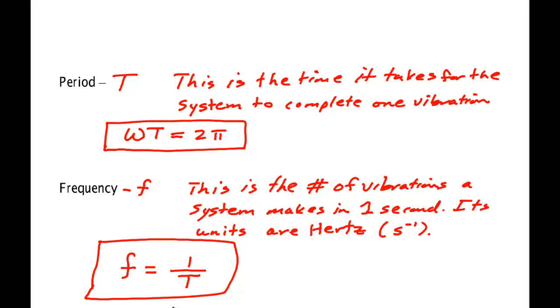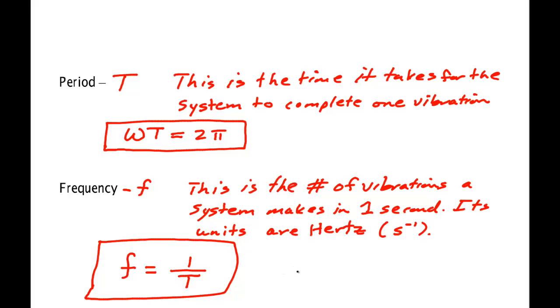So none of these equations, f equals 1 over T or omega T equals 2 pi, actually come from physics. These are basically definitions that come from trig and the definition of these terms. So they're independent of the type of oscillator you have. They will work for any type of oscillator you're given. Now, from these two, you can also see there's some other things we can get out of this.